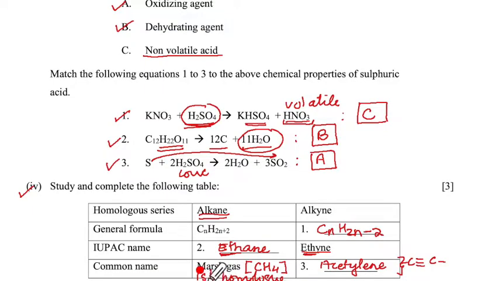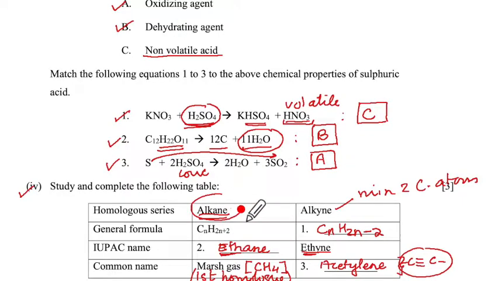Now this part over here is a little confusing, because common name is marsh gas and corresponding alkyne we do not have with 1 carbon. Alkyne needs minimum 2 carbon atoms. So the first member is going to be C triple bond C. So marsh gas has 1 carbon. So I am looking at it as the first homologue of alkane series, and alkyne I am looking at the first homologue.